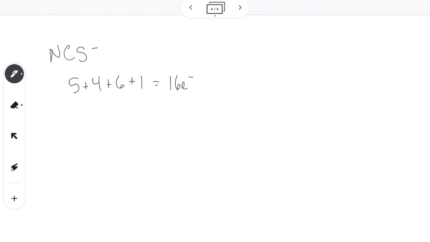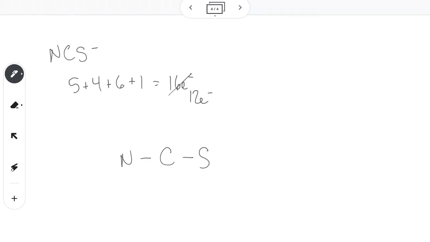The central atom is that of carbon, because it's the least electronegative atom between carbon, sulfur, and nitrogen. Carbon's the least electronegative. So nitrogen and sulfur are going to be on opposite sides of it, and connect them with a single bond. That's 4 electrons used. I have 12 remaining.